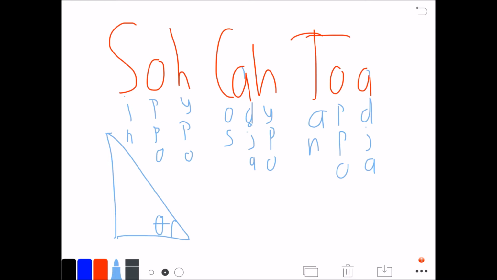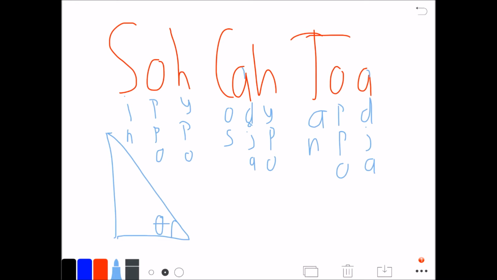So if I'm trying to find the opposite side to this angle here, where would it be? Well, it would be on this side. I'll just call that O, because this is the side opposite to this angle. So what side would be adjacent to this angle, theta down here? Well, it would be this side.